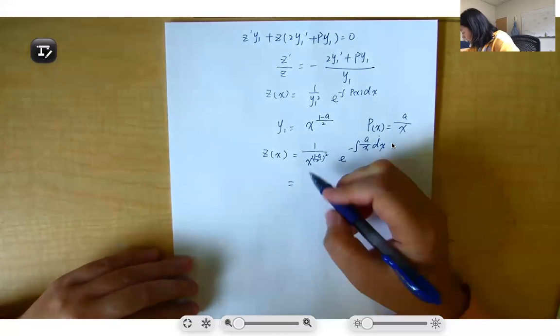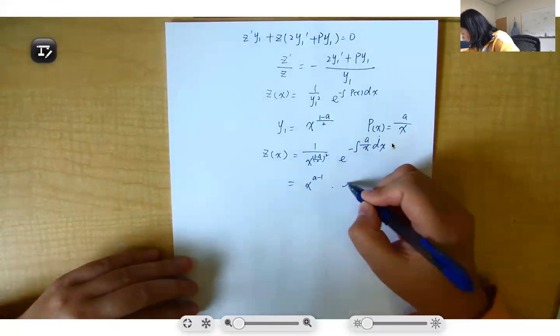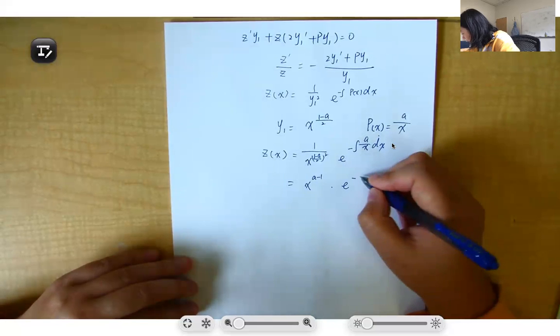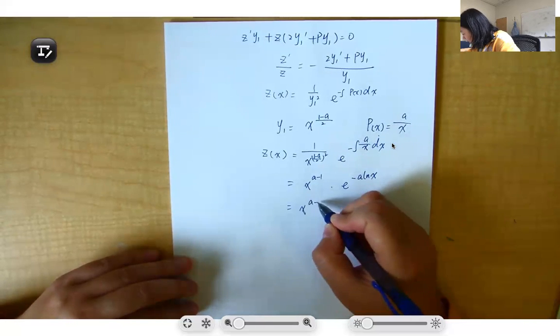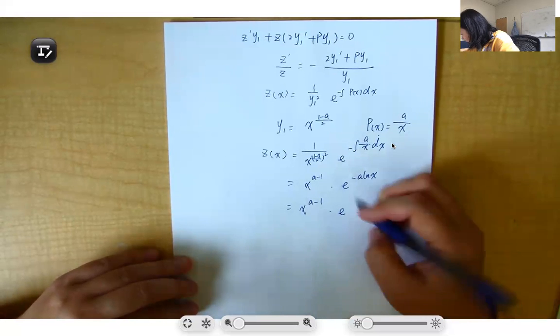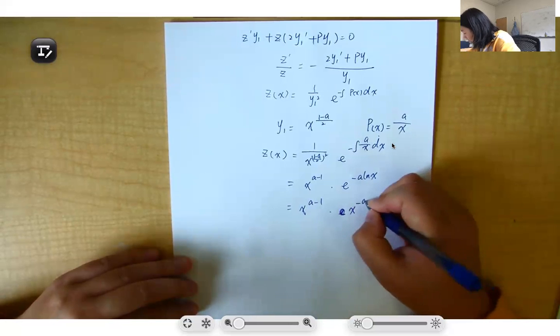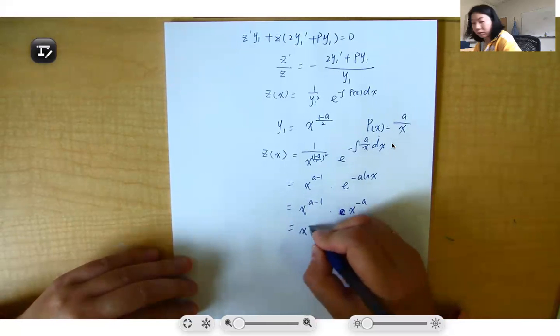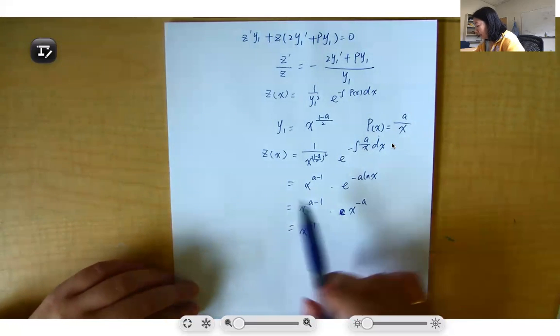Then that is x to the a − 1 times e to the negative a ln x, that is x to the a − 1 times x to the minus a. So in the end, you get x to the minus 1 for your final solution for z(x).